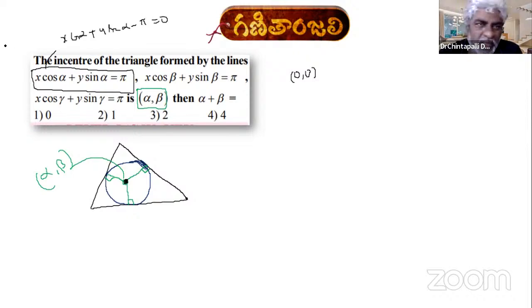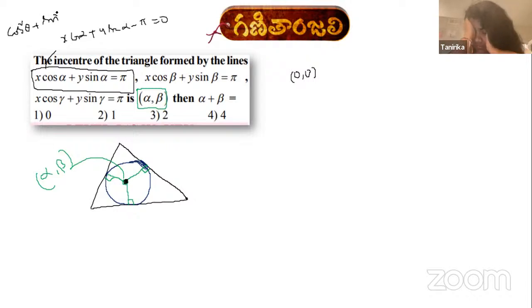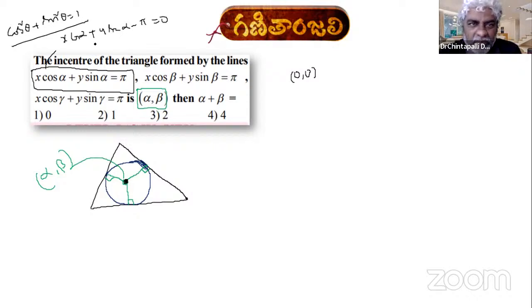There is a basic formula in trigonometry, that is cos square theta plus sin square theta is equal to 1. We can use this formula. Now, find the distance of this line from the point 0, 0.